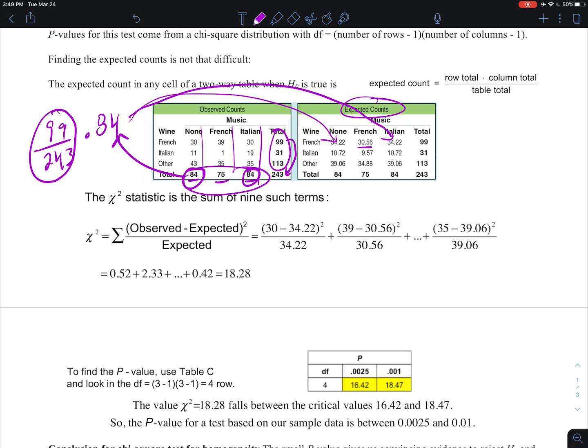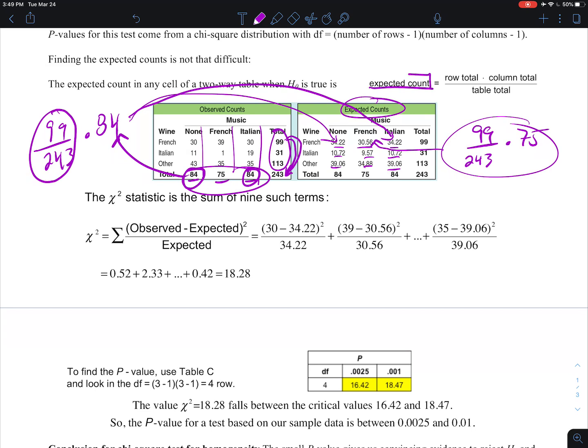To get the number for French people, it's going to be this same proportion of success, 99 out of the 243. But now we're looking at, there were 75 of those people listening to French music. So it's going to be this product that gets us that number there. So for each of these 9 cells, we need to come up with this set of products.